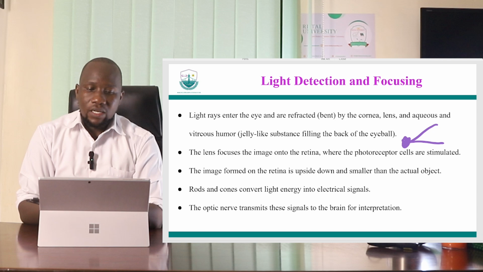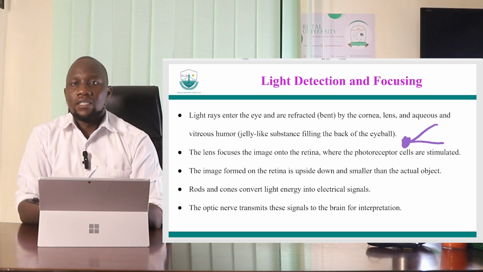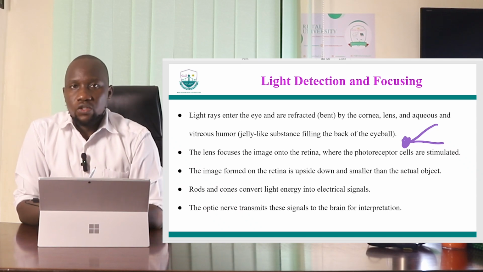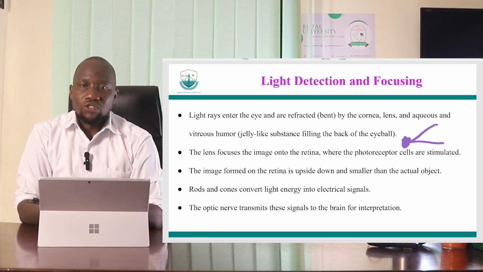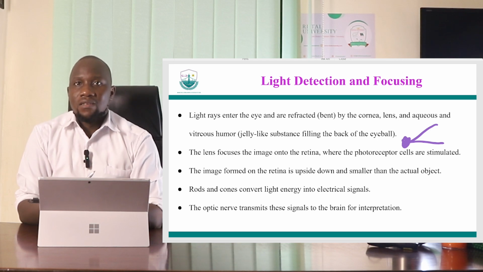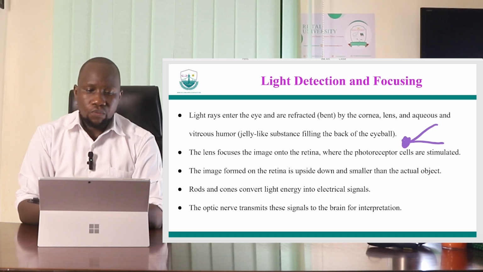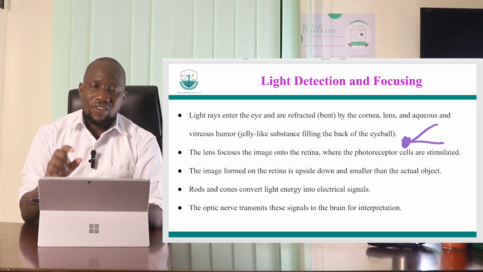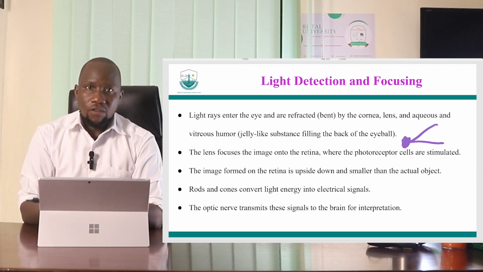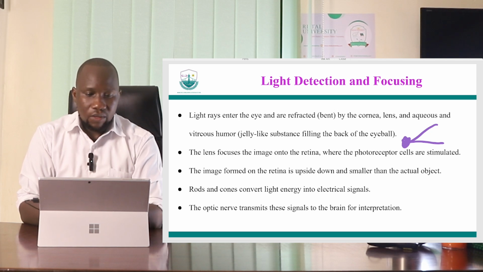Okay, so that is something you need to keep in mind, that if they ask you which structures can contribute to refraction of light rays in the eye, or which of the following cannot contribute to refraction of the light rays in the human eye, you should be able to know. So that refraction is very important, such that a clear image is actually formed. If there are problems in refraction, then you'll not be able to see clear images. So that becomes a disorder.